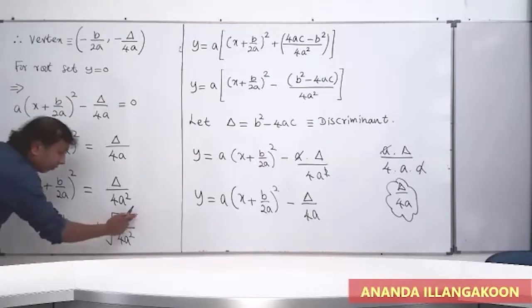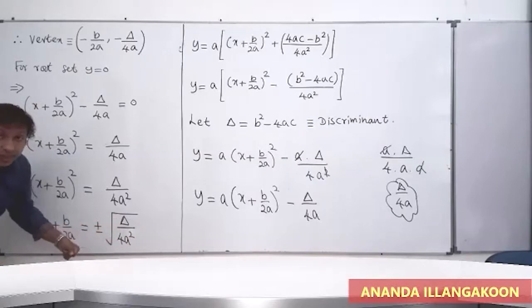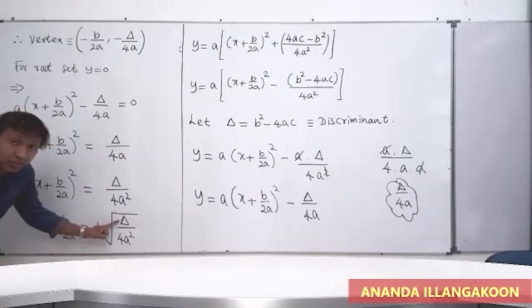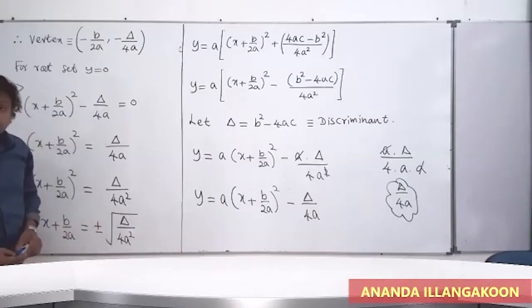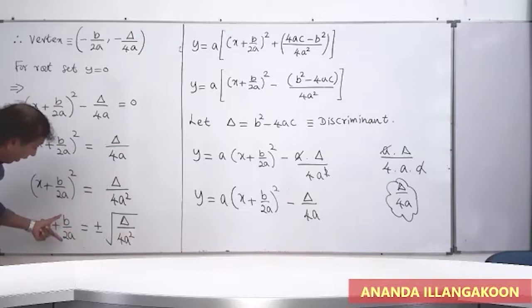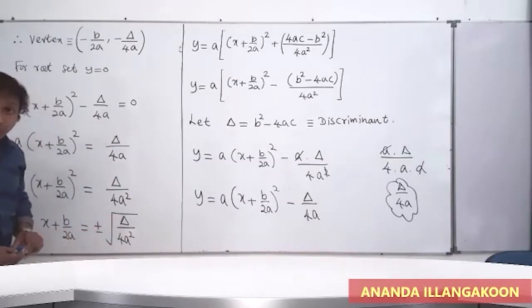Now in this case, people, we have to find the square root of this fraction. That means you have to take the square root of the numerator as well as the square root of the denominator. Then what I do next step, while we are bringing this to the right hand side, I take the square root of this numerator and denominator both.